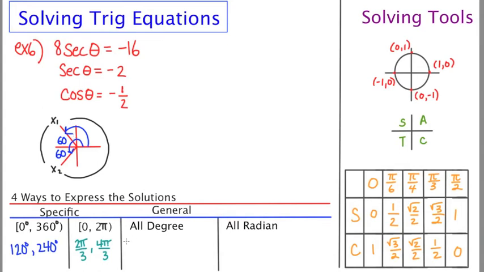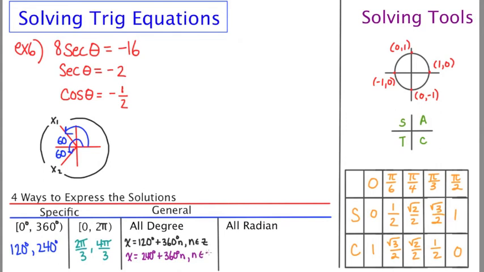So what we have to do in this case is say x equals 120 and all of its coterminal equivalents, which are going to be plus 360n, where n is an element of the integers. Now, conversely, the second answer was 240, and now we need all of its coterminal equivalents, which would be plus 360n.